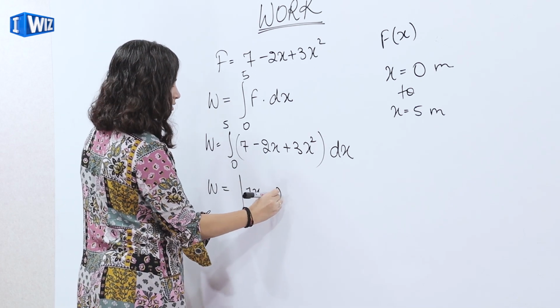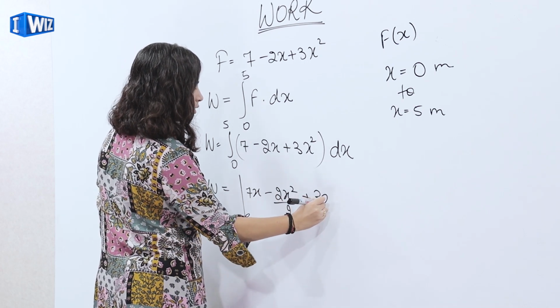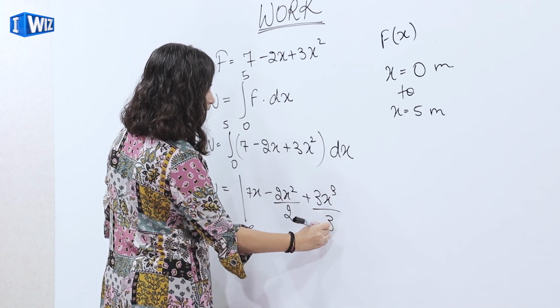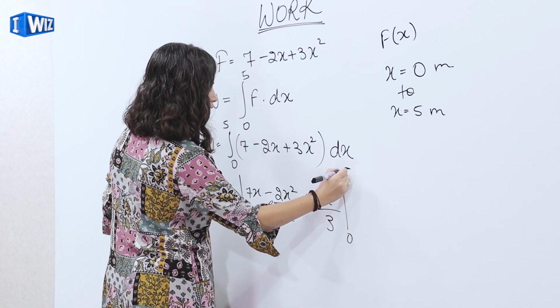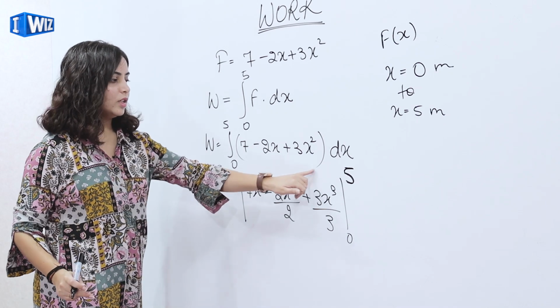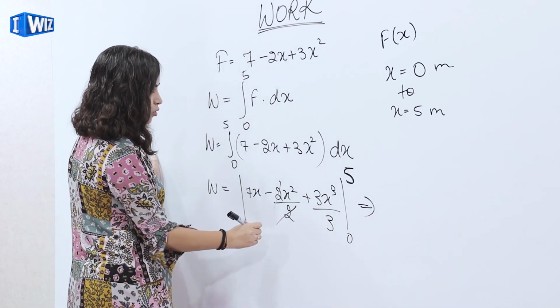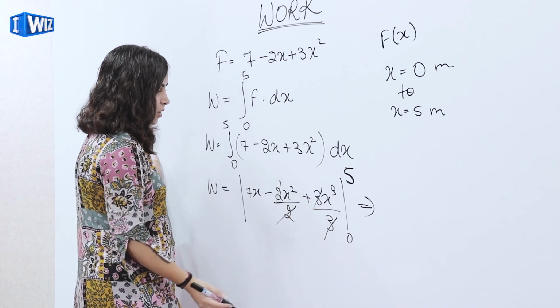Work done is equal to 7x minus 2x square upon 2 plus 3x cube upon 3. I have just done the integration and now I will put the limits. 2 cancels with 2, 3 cancels with 3.